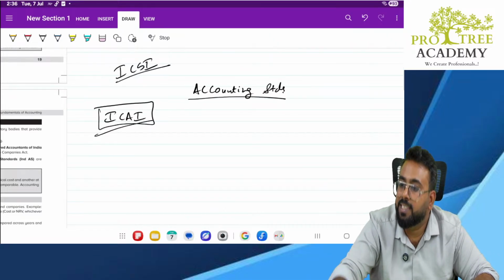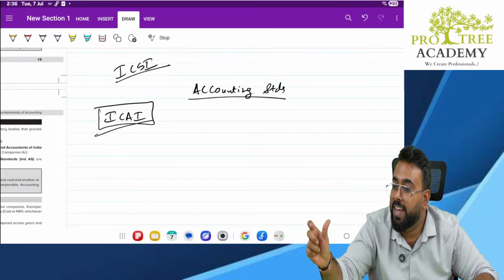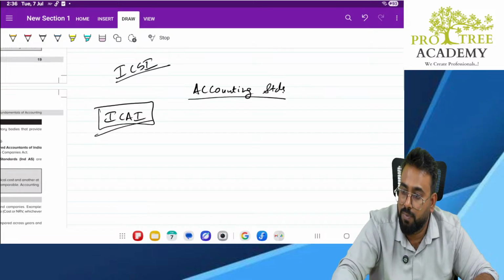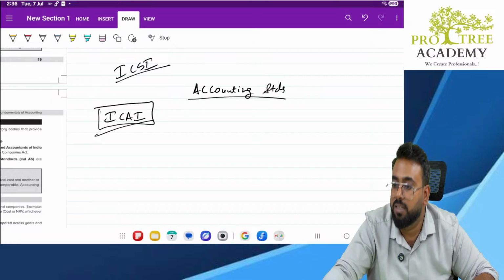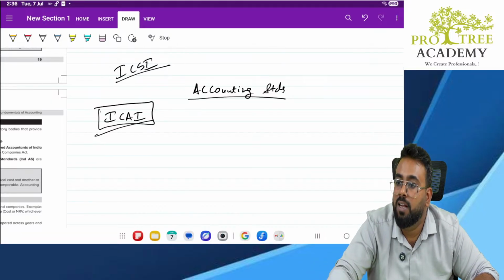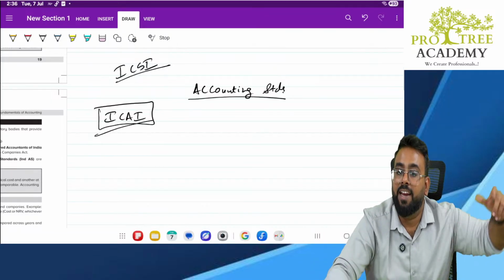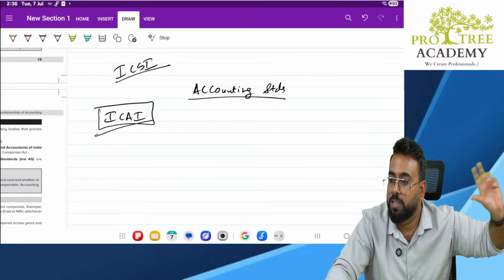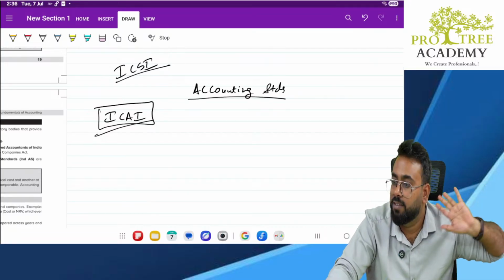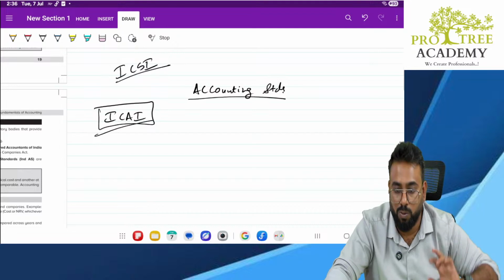Under that standard, we can recognize sale of goods only when risks and rewards are transferred. It is a condition in the accounting standard. We can recognize services when our performance obligation is completed. So they gave certain rules.